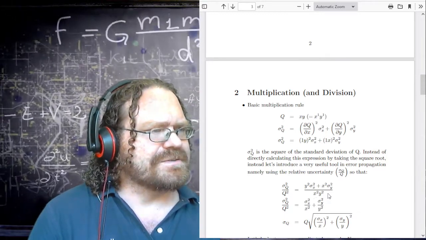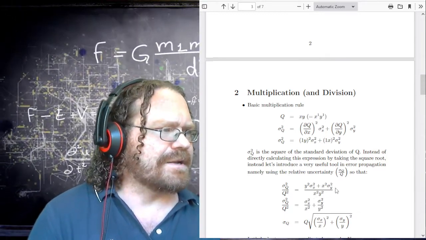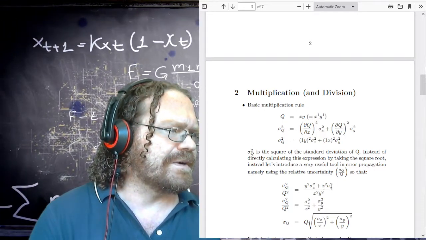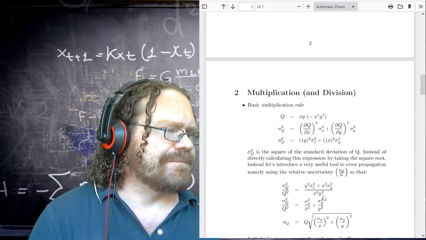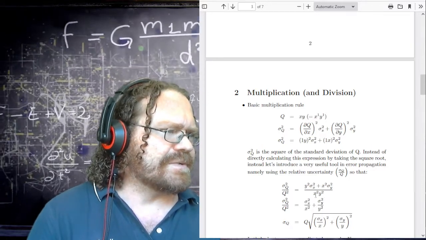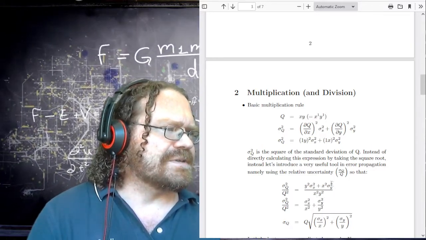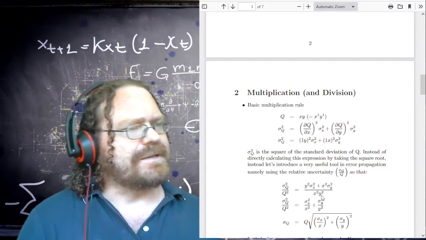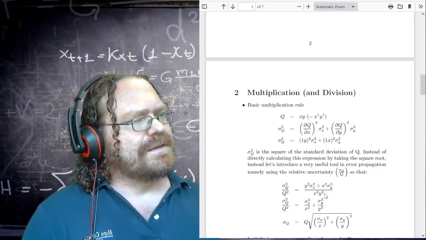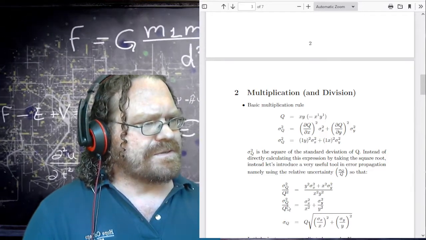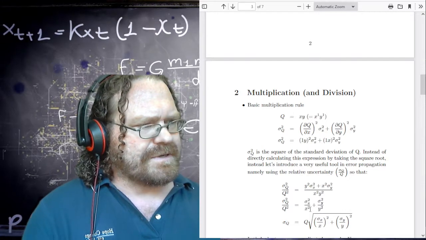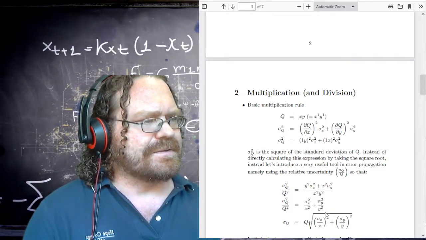Now let's do the same thing. We're going to break up this denominator and put it over the second term. We have x squared sigma y squared over x squared y squared. The x squared and the x squared cancel, and now we're left with sigma y squared over y squared. Great. So that becomes sigma q squared over q squared equals sigma x squared over x squared plus sigma y squared over y squared.